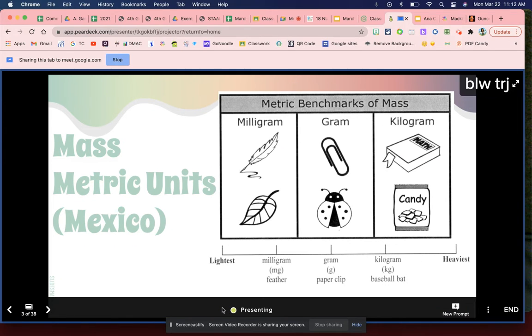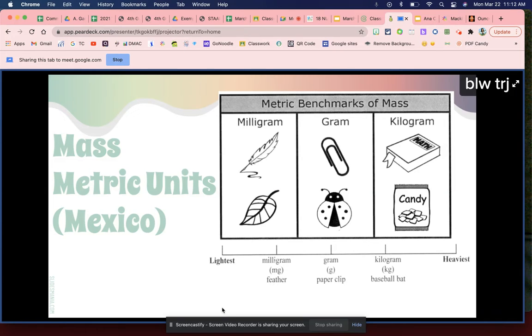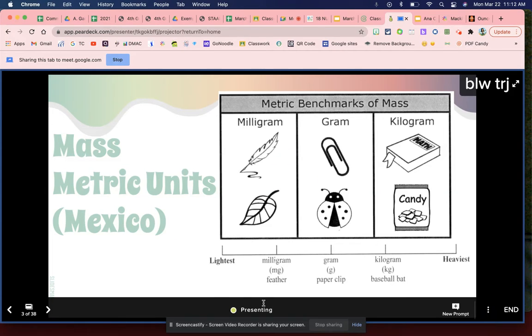So go ahead and look at the metric units. Recuerda, metric, Mexico. So over there, we start with the lightest object. The lightest object, we would measure in milligrams. What's the lightest object? A feather or a leaf? Milligrams. Then we have the grams.